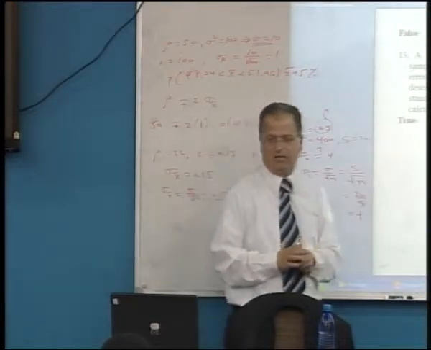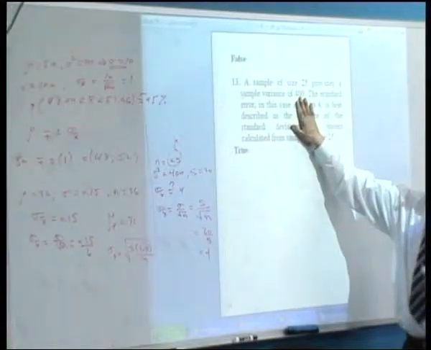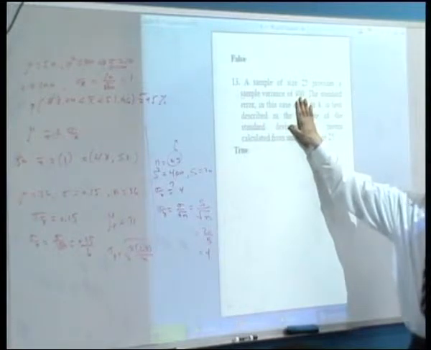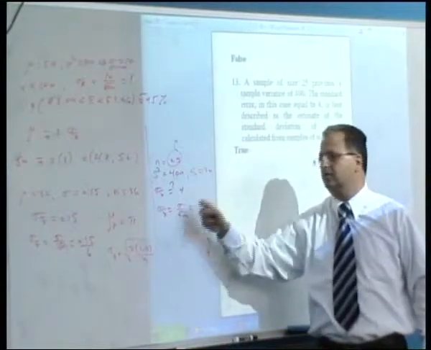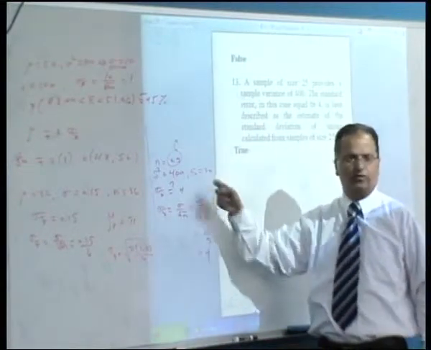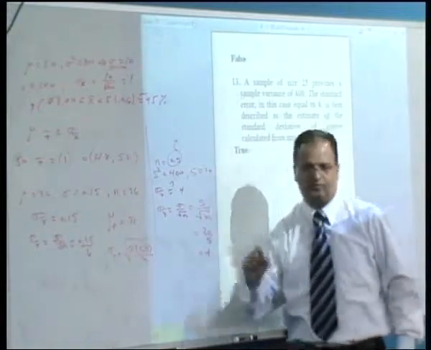So if s squared is given instead of sigma squared, we can replace sigma by s if n is large enough. So sigma of x bar equals s over root n, that will give 4.